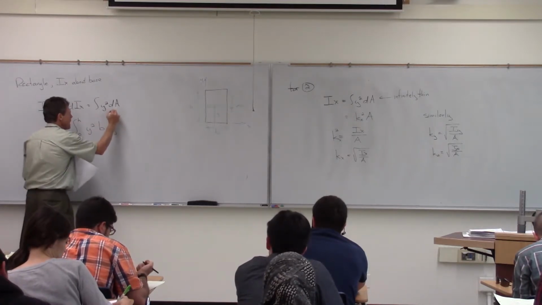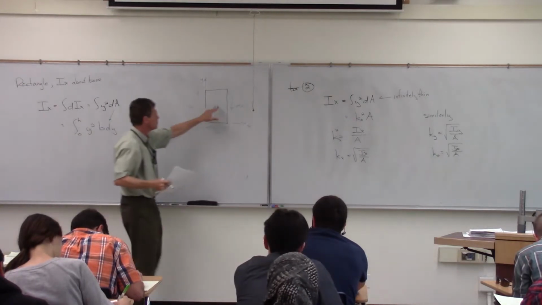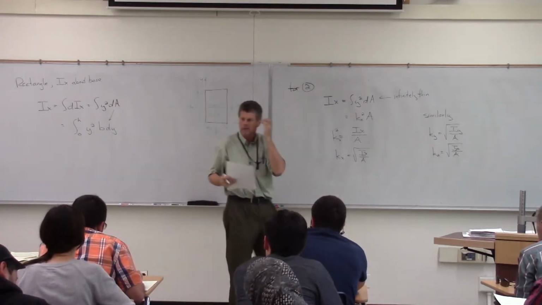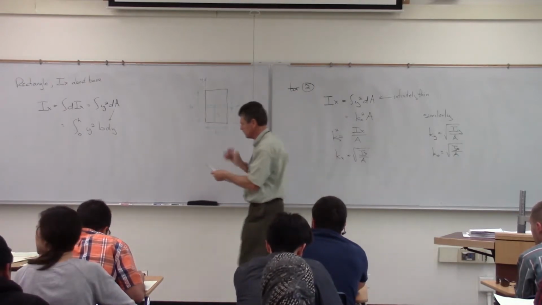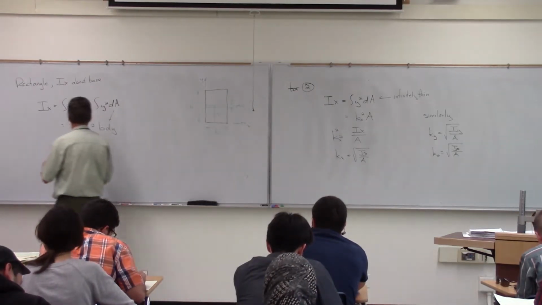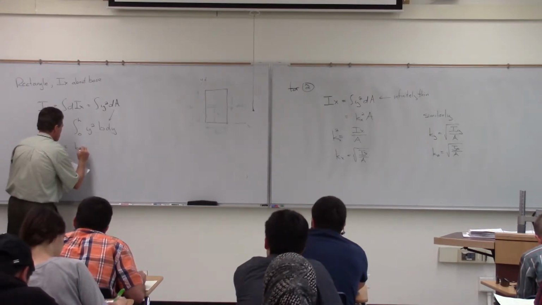And my dA is simply going to be b dy. That's the area of this little strip as I go along. And again, nice thing, it's rectangular, so b won't be changing. Pull the constant out.